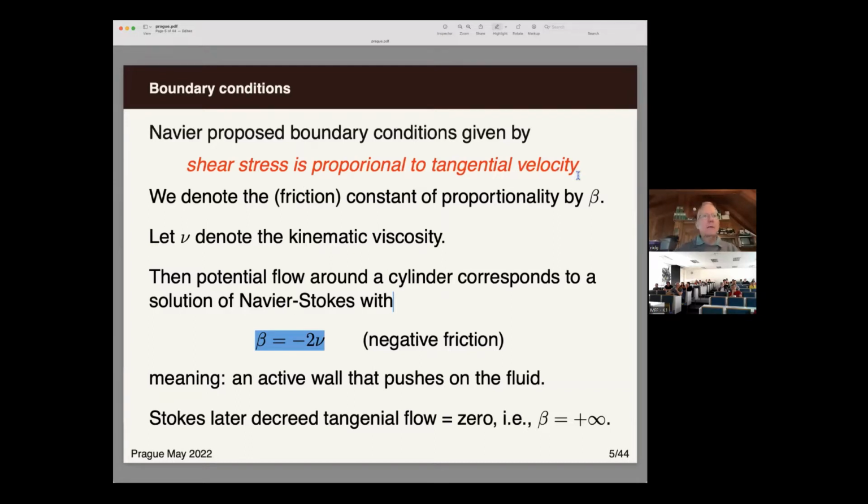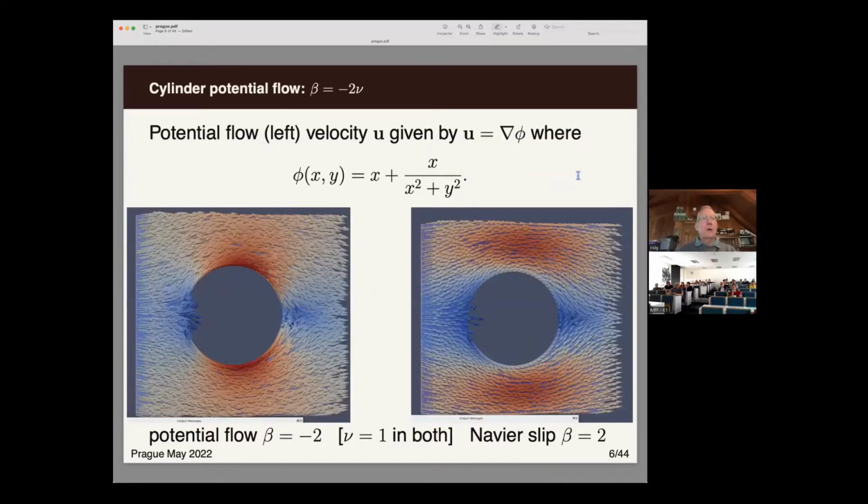Okay, so let's go back to these pretty pictures. Here on the left, we have potential flow. This is actually the potential for the cylinder. So it's very simple. You can see how D'Alembert was able to understand all of this. And on the right, we have the Navier-Stokes equations with the Navier slip coefficient beta equal to 2.